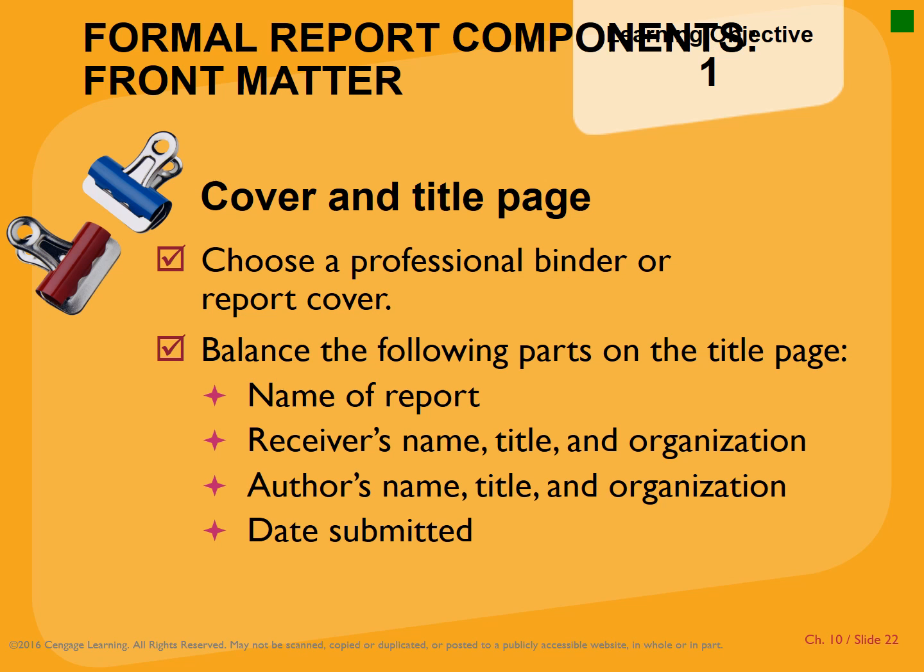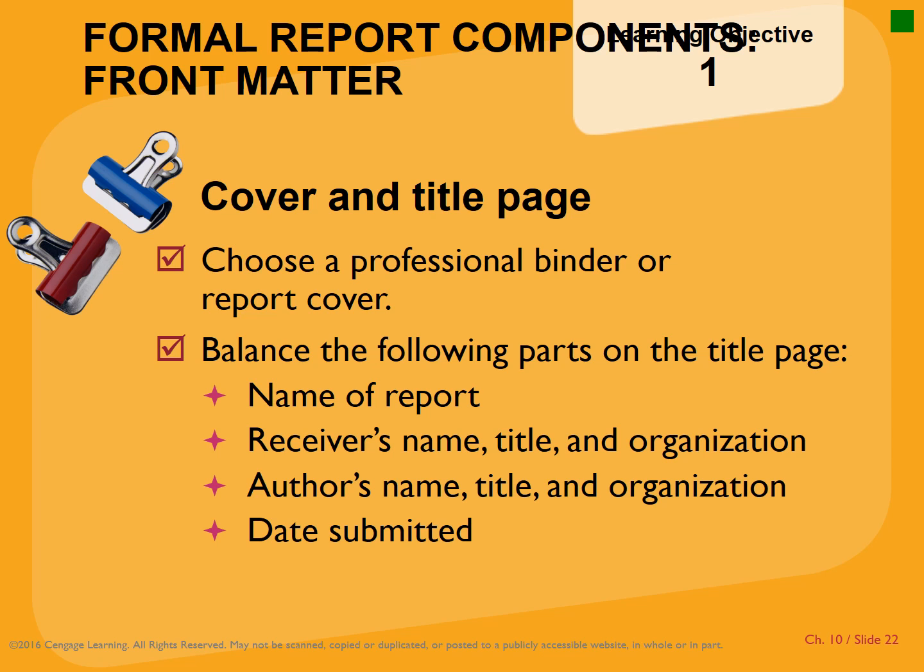A formal report is much more complex than an informal report because there are multiple components. And the next few slides will go over what these components are. And we'll start off with looking at what's considered the front matter components, which will be a cover and a title page.